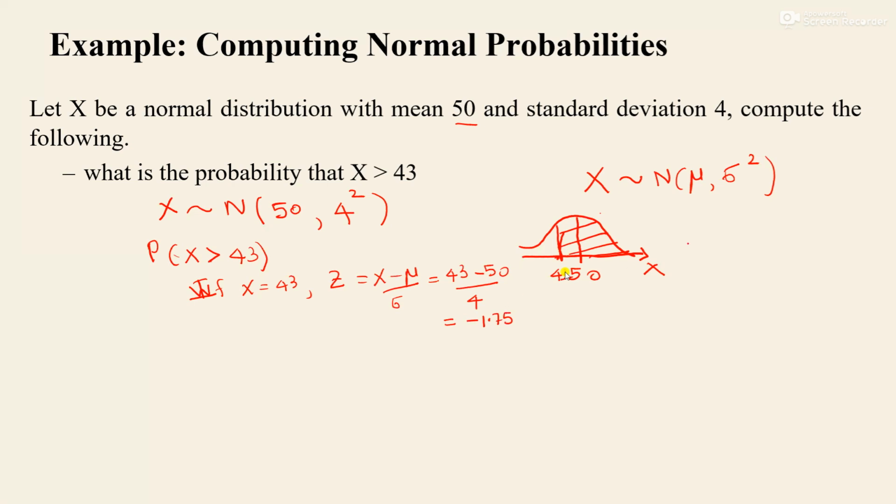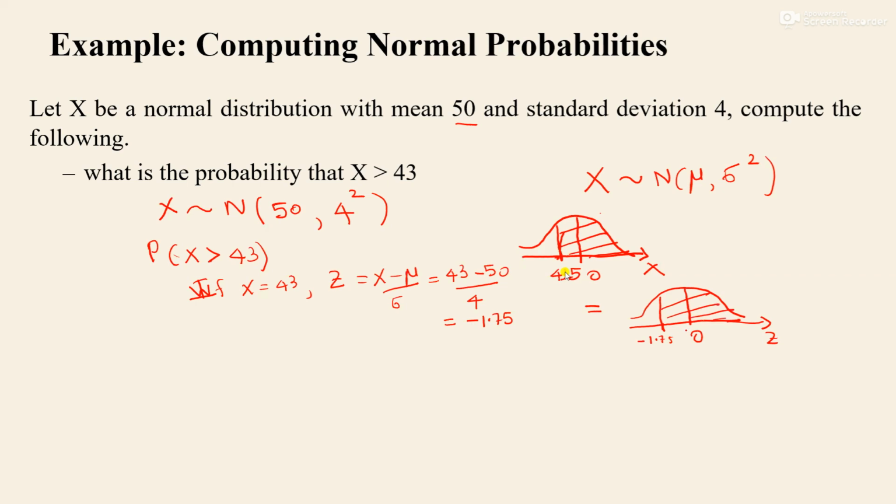So now this diagram is equivalent to the z value diagram. For the standard normal, the center is 0, and this point is minus 1.75. So this area we need.